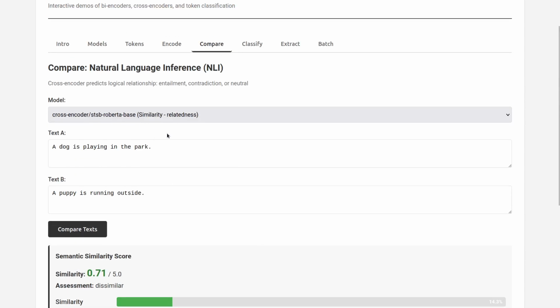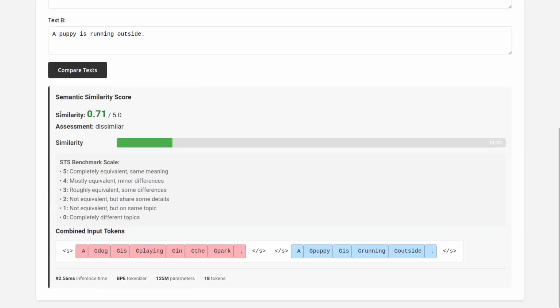It's just a plain cross encoder, and it gives this similarity score for these two texts. Now, the control tokens in RoBERTa are a little bit different. We have this start of sentence, end of sentence token that shows up here, and I'm color coding to show that the two sequences are both appearing in the context of the encoder at the same time, and we're extracting this value from the task head.